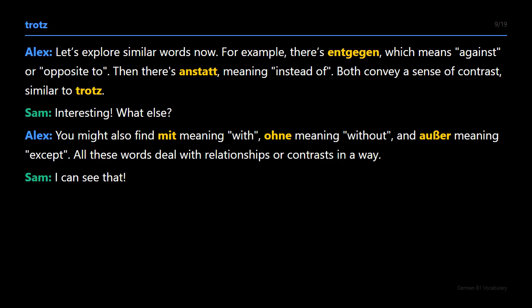What else? You might also find "Mit", meaning with, "Ohne", meaning without, and "Außer", meaning except. All these words deal with relationships or contrasts in a way. I can see that.